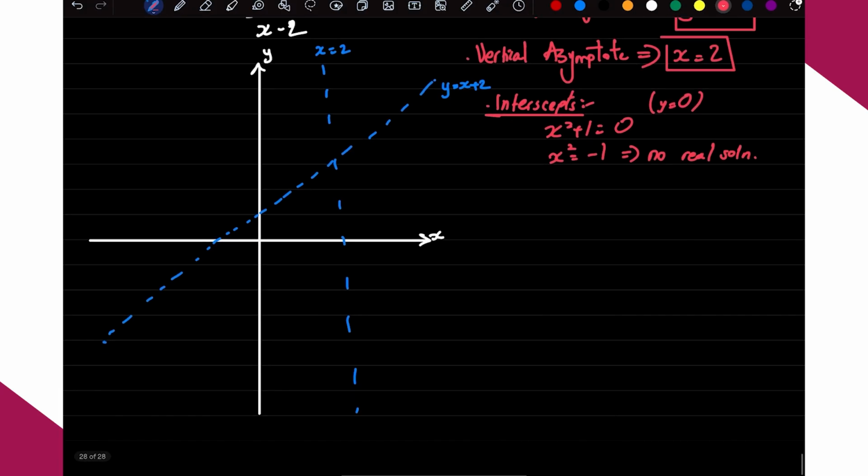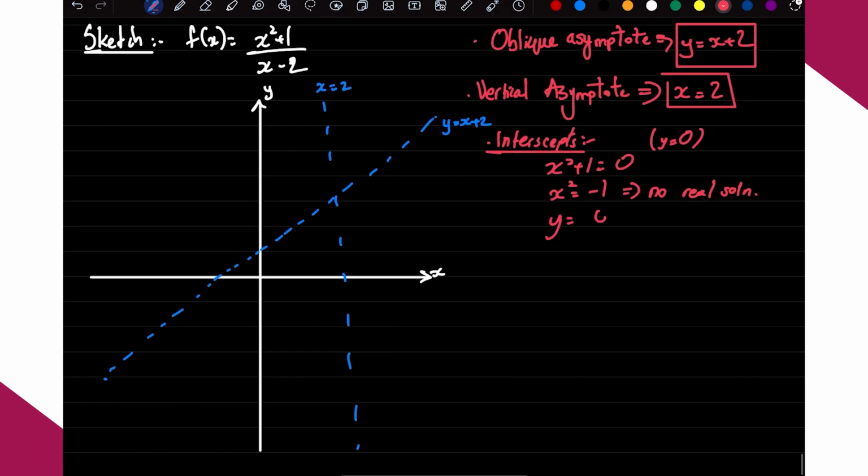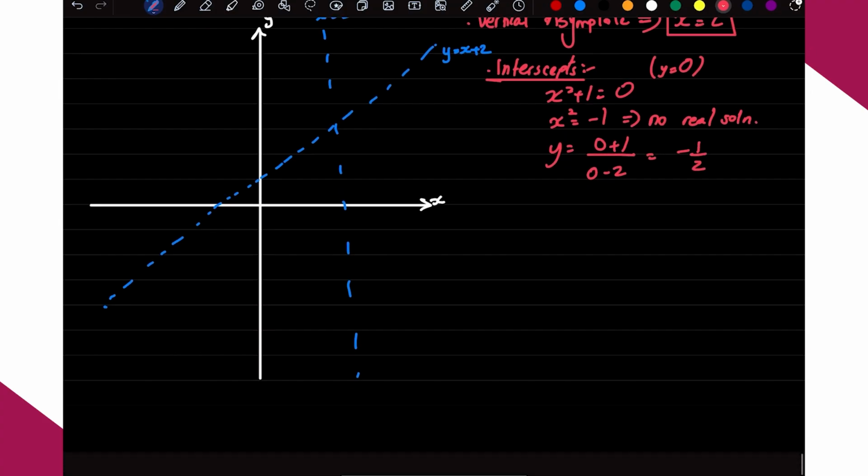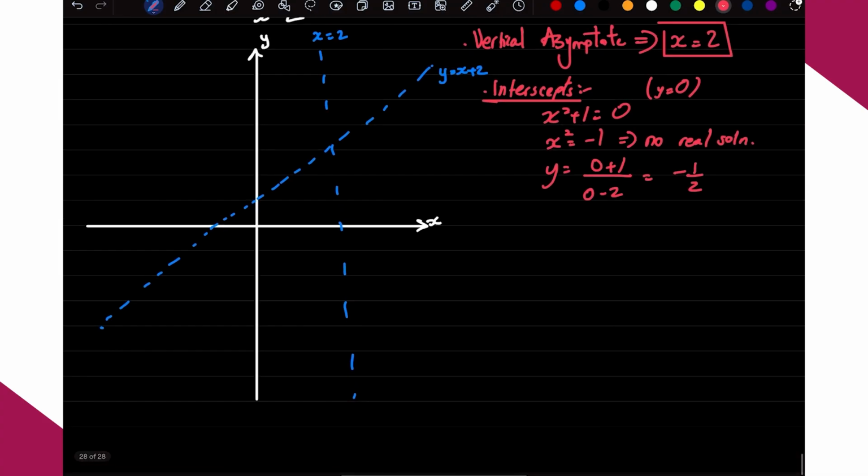When x is equal to 0, y is minus half. So that means we're going to have 0 and minus half. So that's probably somewhere here. Since we only have one intercept, that's going to be 0 and minus half. That's somewhere over here, right?